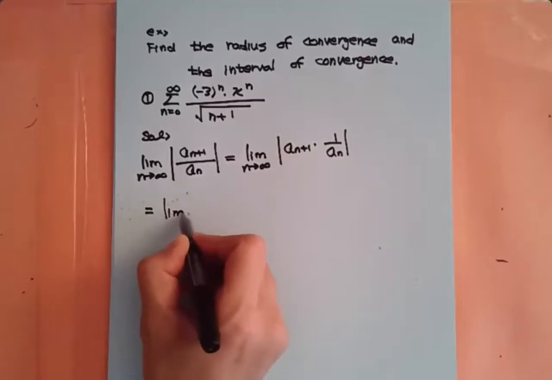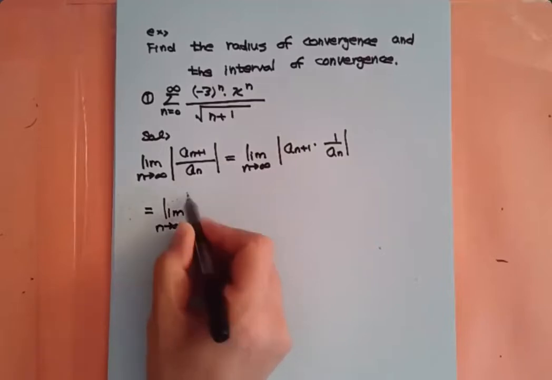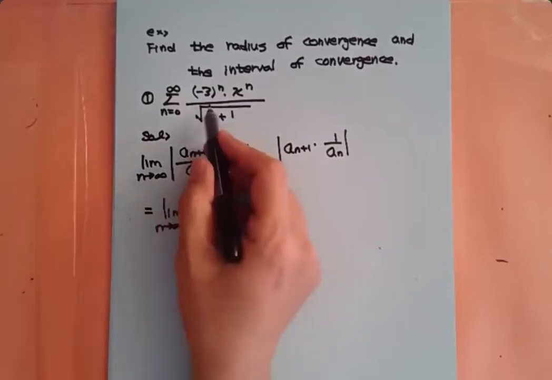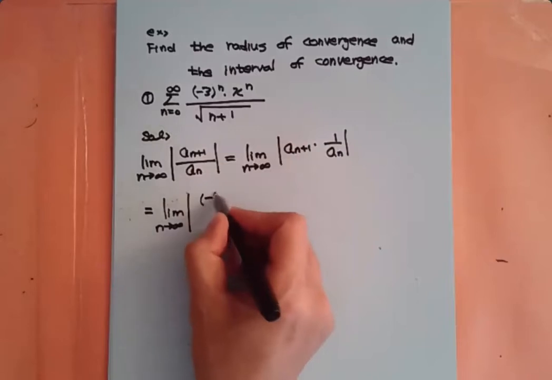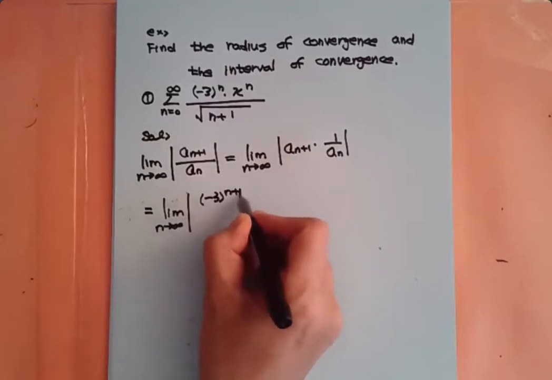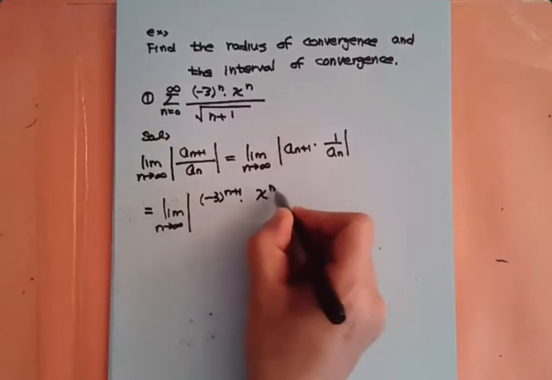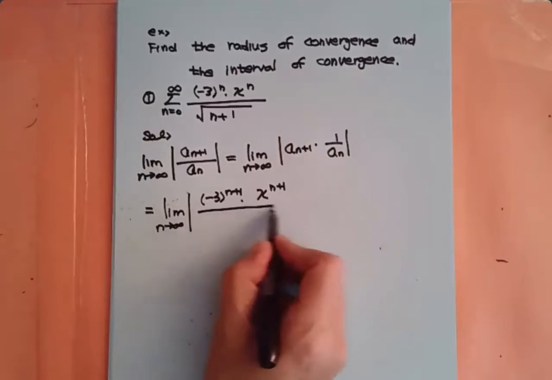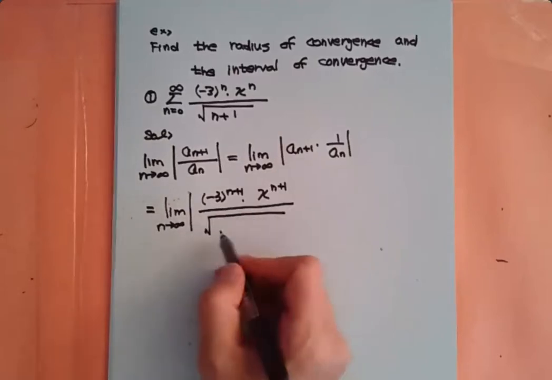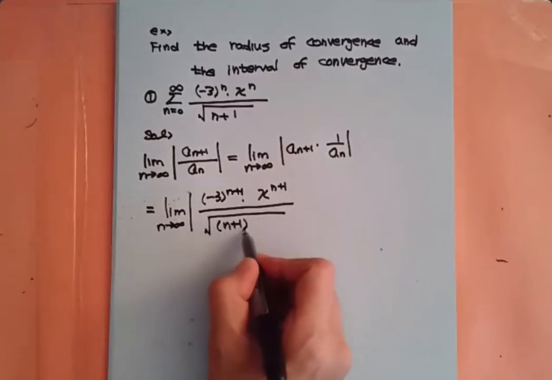So that is limit n goes to infinity of the absolute value of a n plus 1, which is negative 3 to the n plus 1 power times x to the n plus 1 power over square root of n plus 1 plus 1.